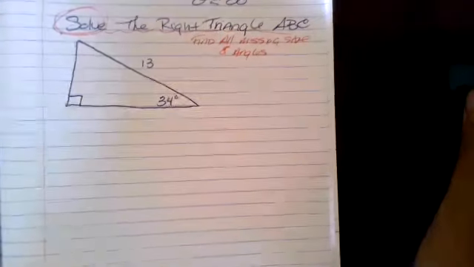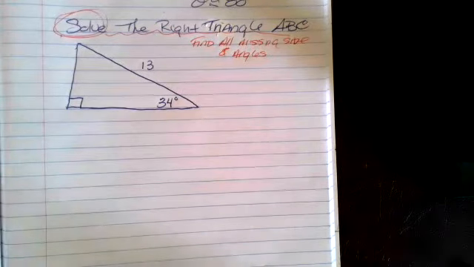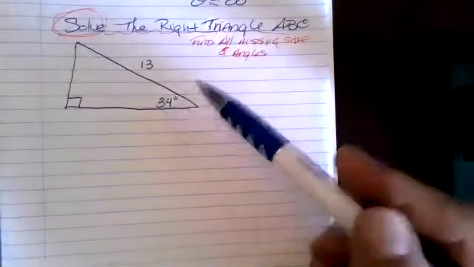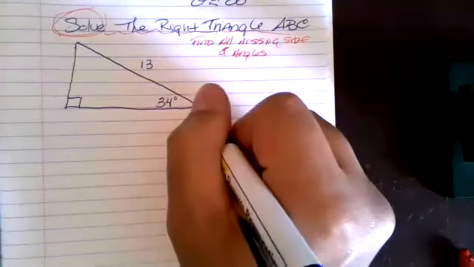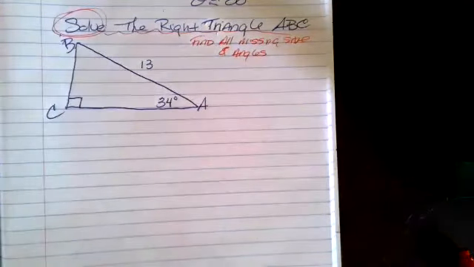You should be able to find everything. You're given enough information here where you should be able to find it all. So how would we go about doing this? Well, let's take a little inventory of what we have, right? We have the hypotenuse and we have one of these angles. If you want to call it B, C, right?